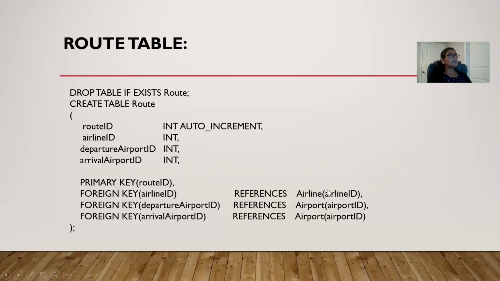So basically, this airline ID is primary key in this airline table. Departure airport ID is a foreign key and it references to airport ID in airport table. Arrival airport ID is foreign key and it references to airport ID in airport table.